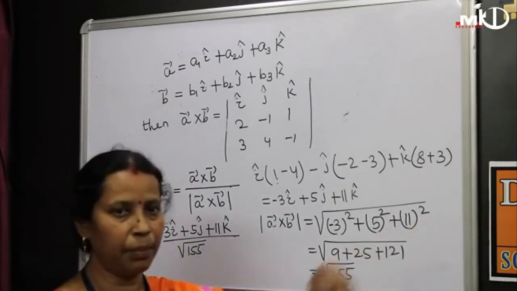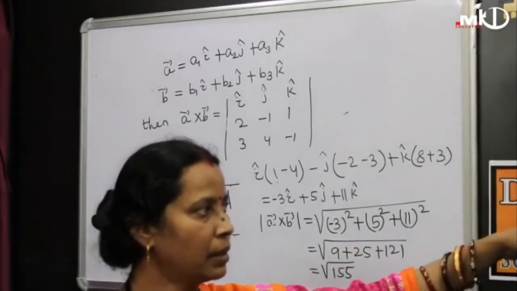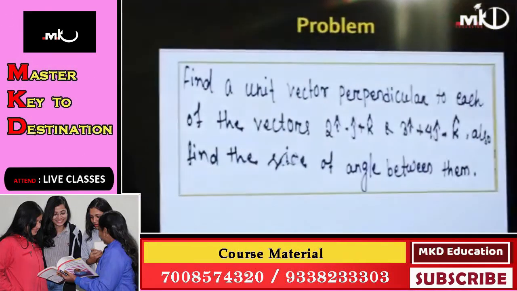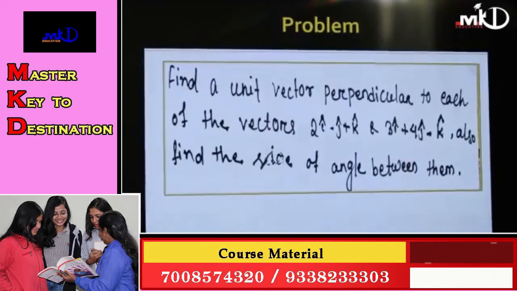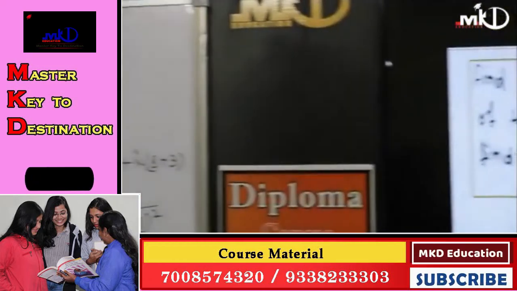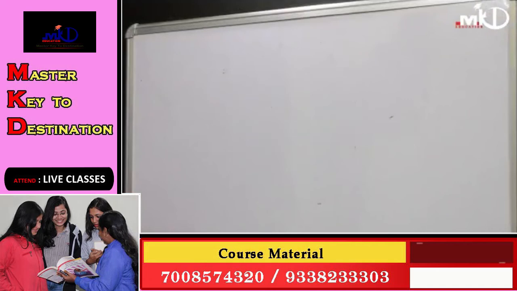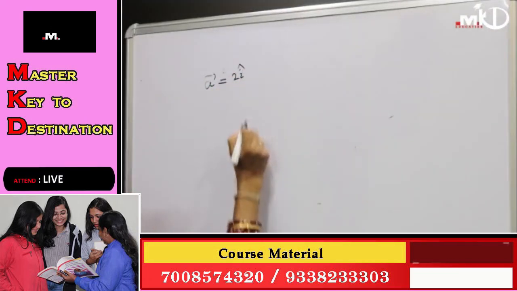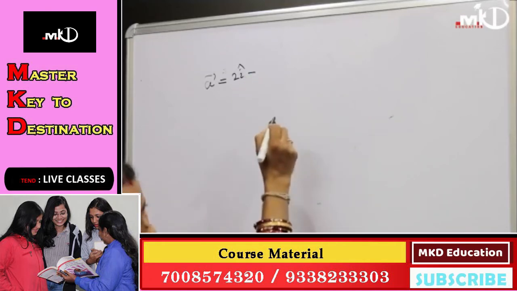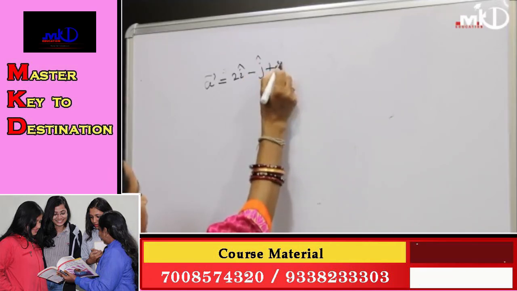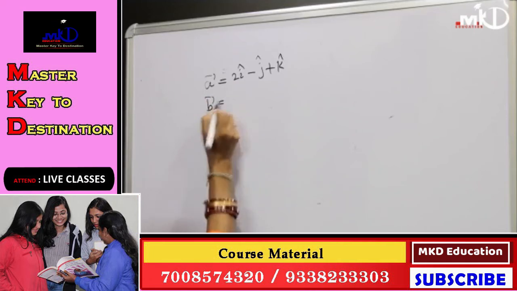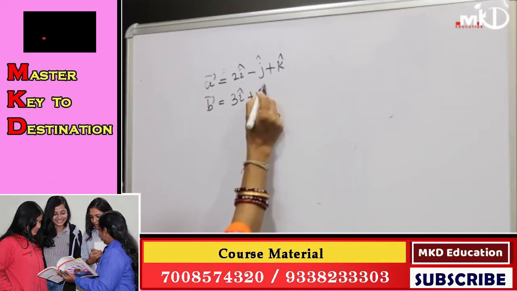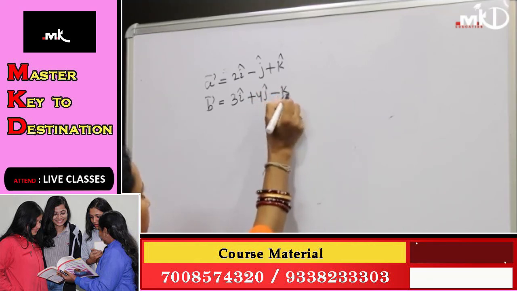Now come to the second part, that is, also find the sine of the angle between them. Whenever we find the modulus of a bar cross b bar, we already have a bar equal to 2 i cap minus j cap plus k cap, and b bar equal to 3 i cap plus 4 j cap minus k cap.